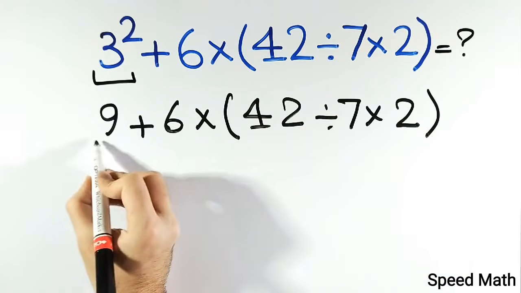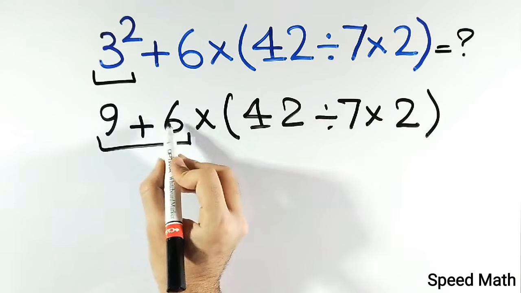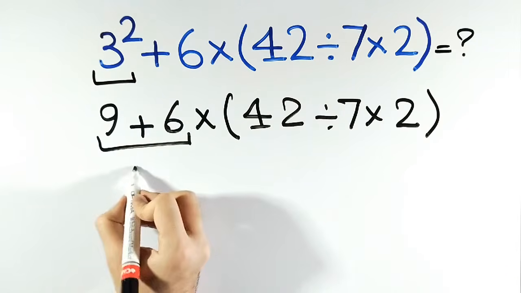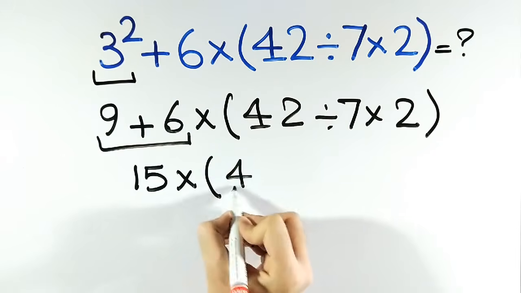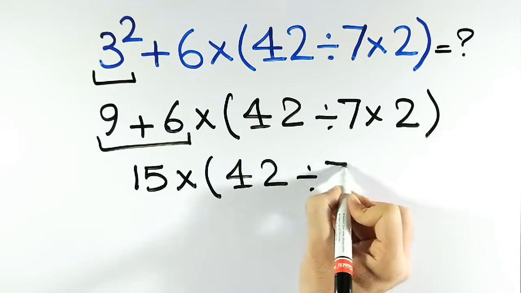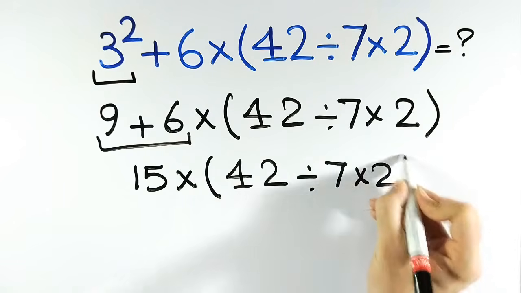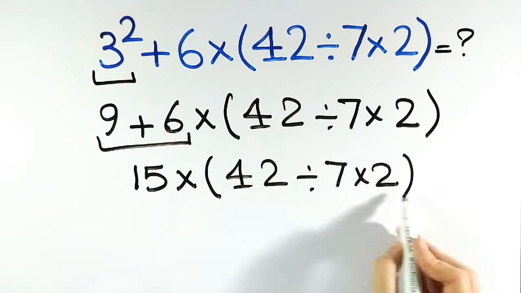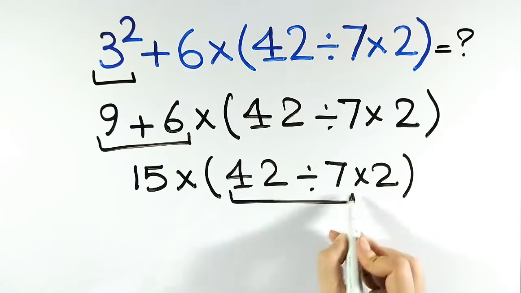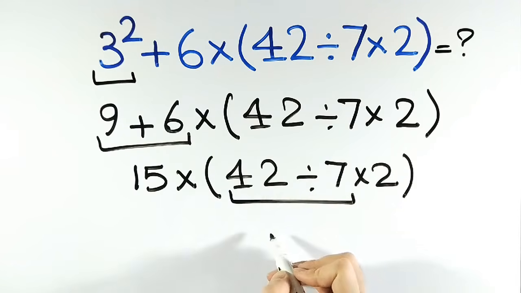And the next step, they go for the addition between 9 and 6 and write this expression as 15 multiplied by (42 divided by 7 times 2). Then they go for the expression inside the parenthesis and solve with the division between 42 and 7.